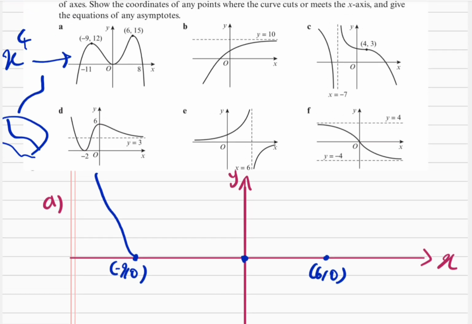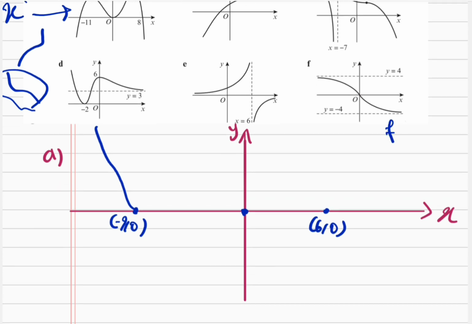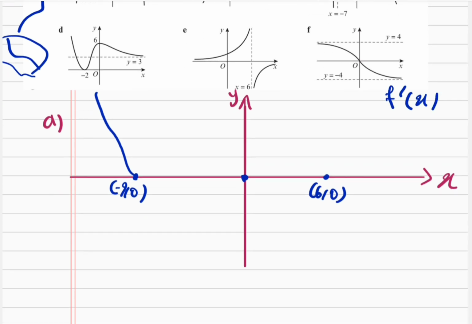Then for the values that are between minus 9 and 0, as you can see, the gradient is negative. So on the f dash x diagram, it's going to be below the x-axis. So it will be like this, because ultimately it's going to reach the origin.